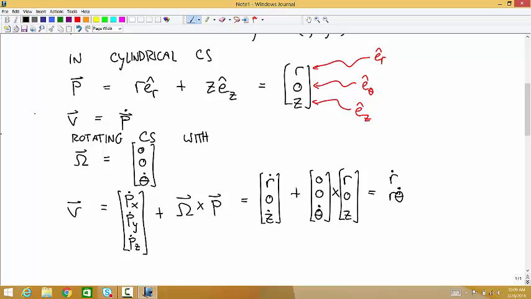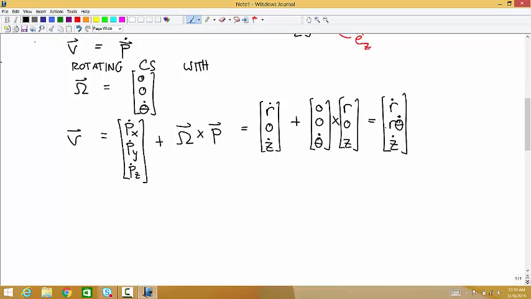And then in the z direction, there's no cross product term, but you have z dot. Okay, so generalizing from polar to cylindrical, the only thing that changes is we have this z dot term now that we have to deal with for the velocity.